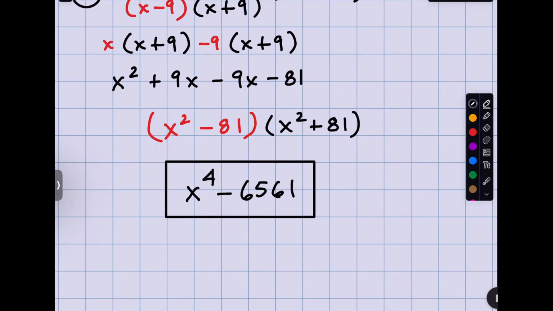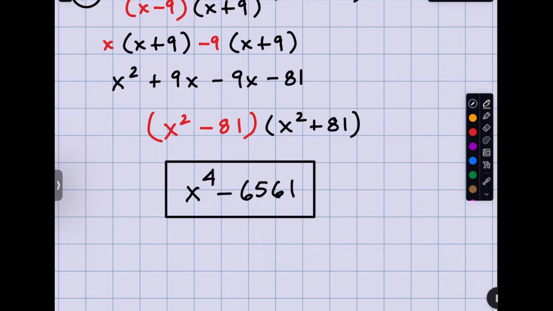Mm-hmm. What's this times this? Write it down. Positive or negative? Negative 65.61.